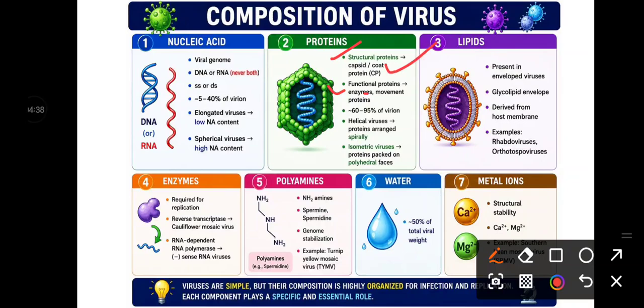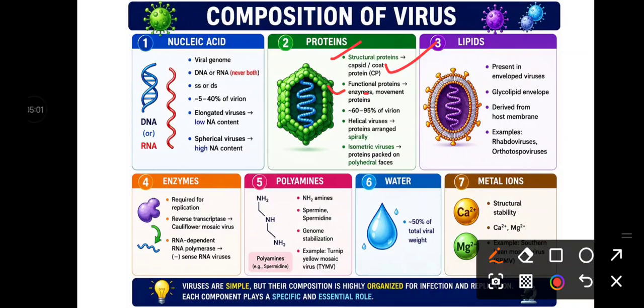And functional proteins help in the functioning of the virus, that are the enzymes or movement proteins. Like the replicases: viruses produce RNA dependent RNA replicase and reverse transcriptase, which are produced by viruses only. And movement protein helps the viruses to move from one cell to another cell.